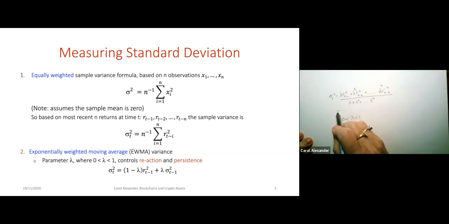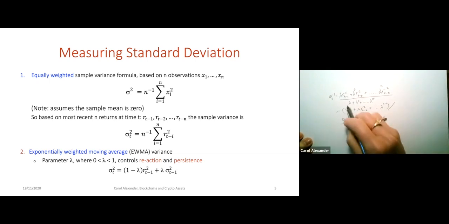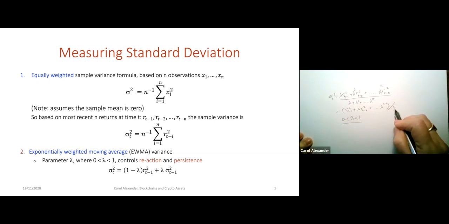Now, we can also write that as (RT minus 1) squared plus just 1 lambda, (RT minus 2) squared, plus just lambda to the n minus 1, because we can cancel a lambda and divide all of that by not lambda, but 1 plus lambda, divide lambda through every term.